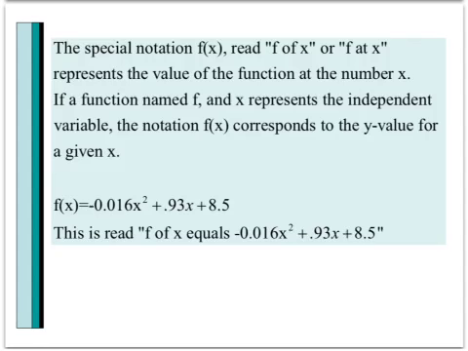So f meaning function of x, the x is the value put in. So in this case, f of x is equal to, there's your equation, and it has x's in it. We could also write this as a y instead of f of x. You may be used to seeing it as y equals, and it has the rest of the equation in there. F of x and y are interchangeable.